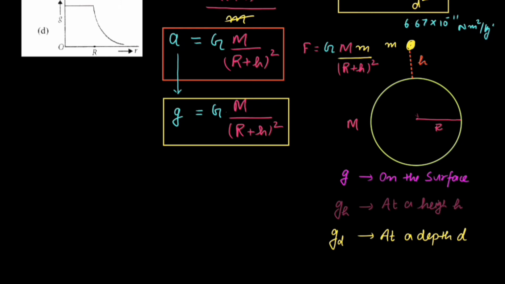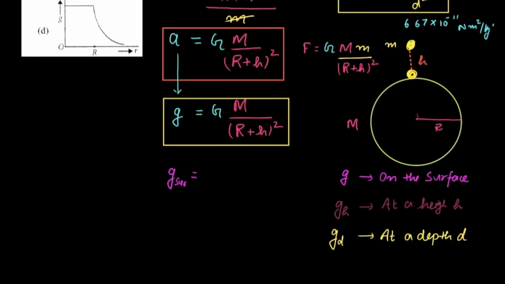If the object is lying on the surface of Earth, the value of this h would be 0. So all we need to do is to put the value of h as 0 in this equation. So this value will be the value of g on the surface of Earth. So I'm just rewriting this equation as g surface, or the value of g on the surface of Earth.